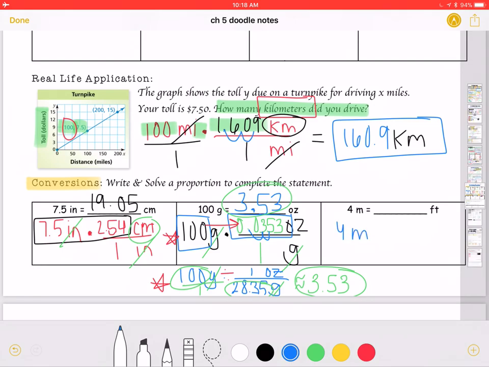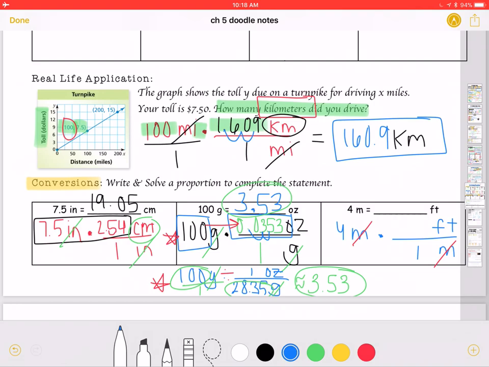So I have 4 meters times, okay, I'm comparing feet. I want it in feet, so put that on top. I have meters. So see how one's on top, one's on the bottom? That means it's going to cancel. I would try to figure out what is the conversion factor for every 1 meter. How many feet is that? So maybe you have a chart you're looking at.